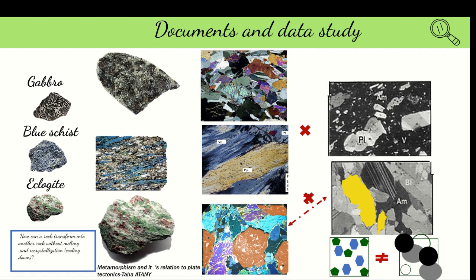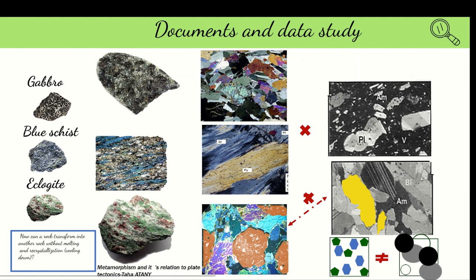Okay, this texture is not the same. It's neither glassy nor grainy. So eclogite does not have a texture that corresponds to igneous rocks. For the specialists, I will not mention the texture because I think it's outside the topic of the Moroccan framework for the baccalaureate.